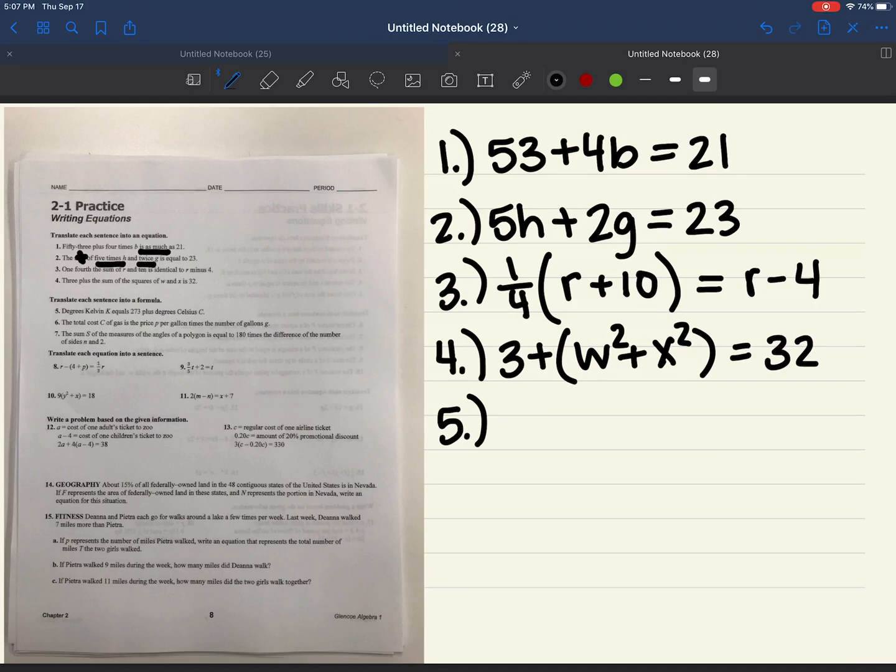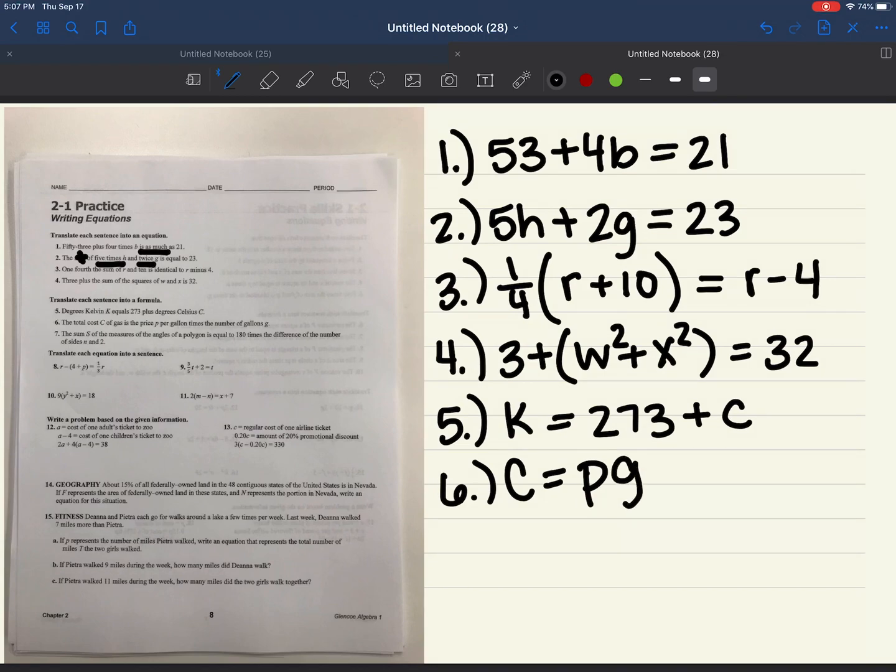So it says degree Kelvin, K, that means you're using K for Kelvin, equals 273 plus degree Celsius C. So just 273 plus C. On 6, it says the total cost C, so that means we're starting with C, is the price P per gallon times the number of gallons G. So if we don't know the price per gallon, it tells us that it's P, and we don't know how many gallons we've bought, but it tells us to use the variable G.